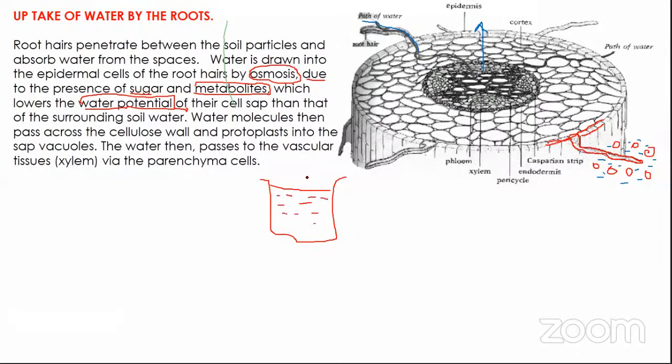Now, when you add a solute, like sugar, it puts a drag effect on the water molecules. These water molecules are not going to be moving freely or with ease. So when you add a solute into water, you are lowering the water potential, that is, its ability to move freely.